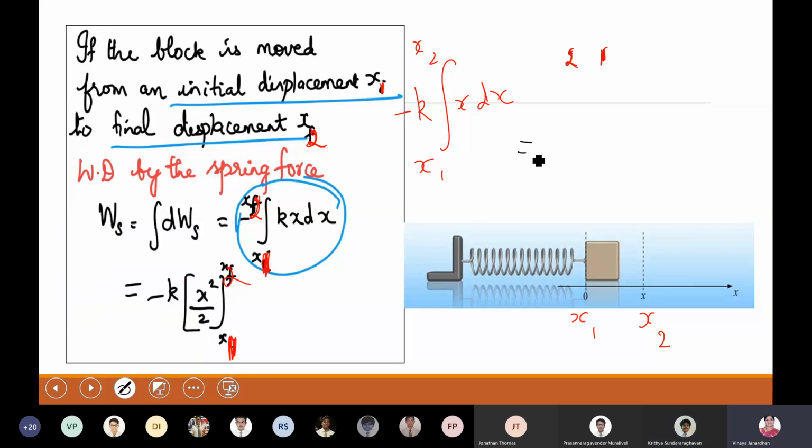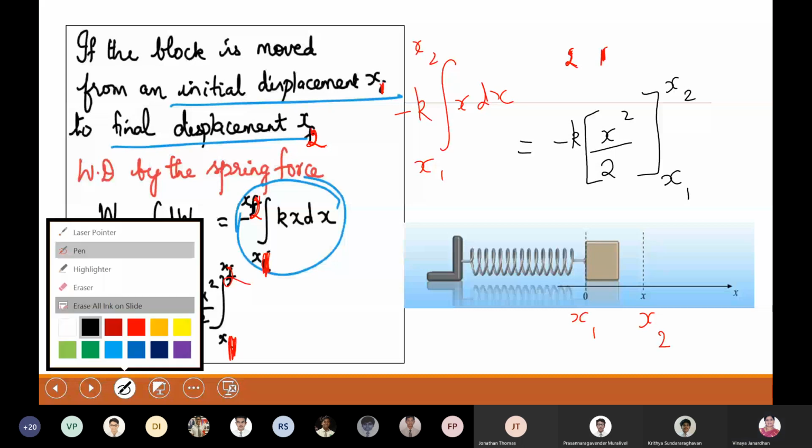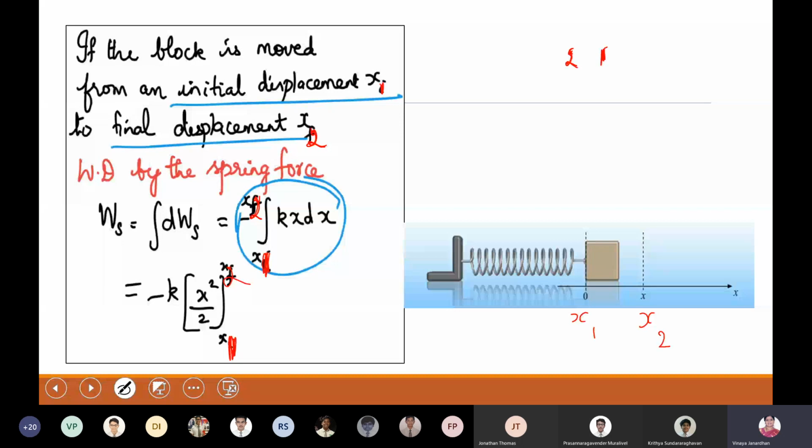So now minus k into, if I evaluate this integral, it becomes x squared by 2, and the limit should be x1 to x2. Is this clear? Yes, ma'am, it's clear. Now let me substitute. x takes the upper limit value x2, and then the lower limit value x1.